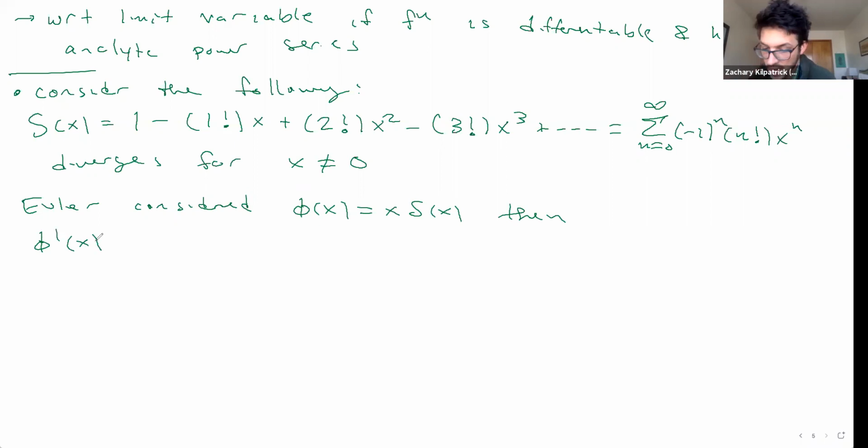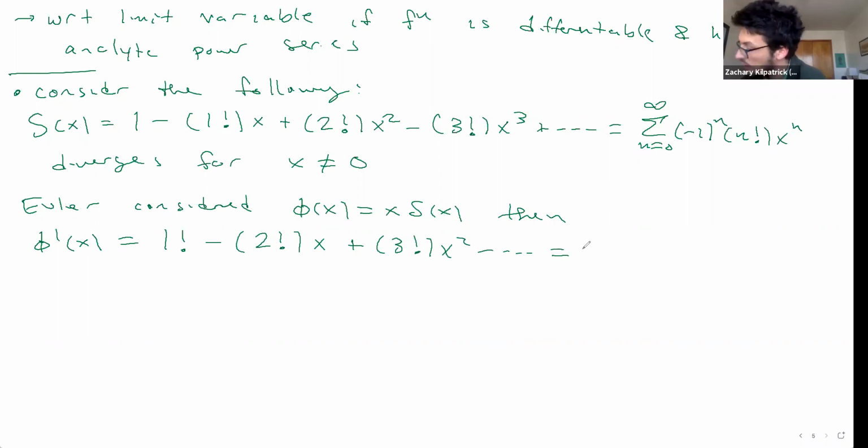If I take the derivative of phi, I'm going to get 1 factorial, minus 2 factorial x, because now I'm bringing this power down, plus 3 factorial x squared, minus so on and so on.